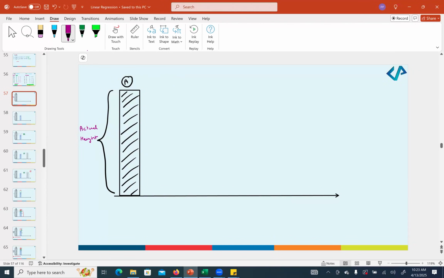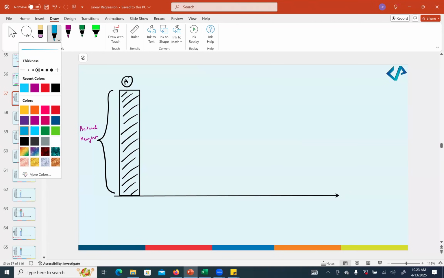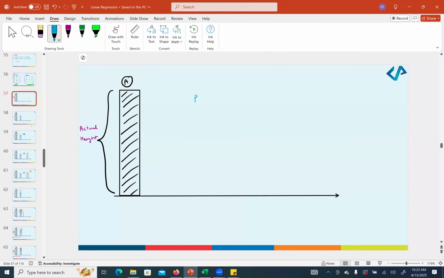Hypothetically, if the question that we have is, you need to predict the height. Let's say we need to predict the height of this person and we don't know anything about that person. Let's start with that.